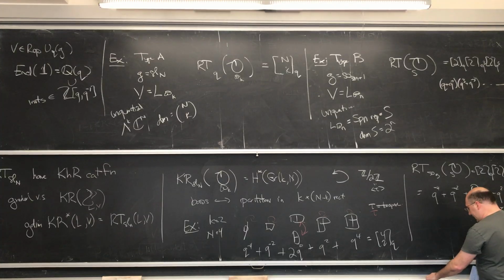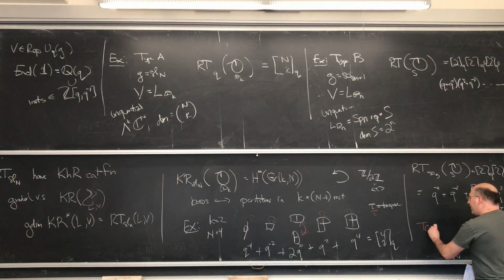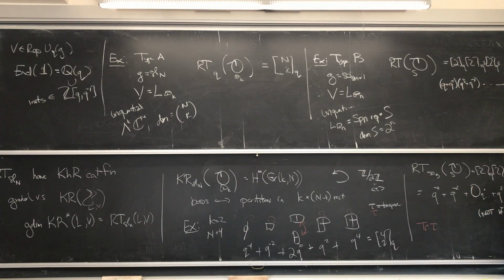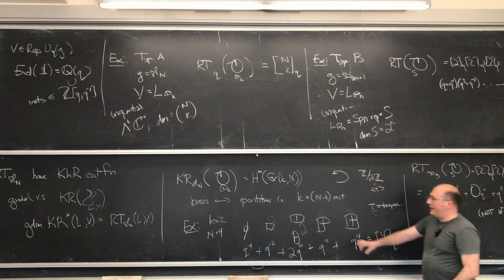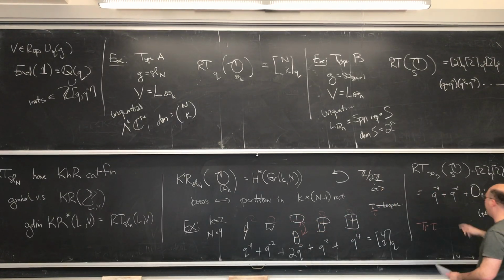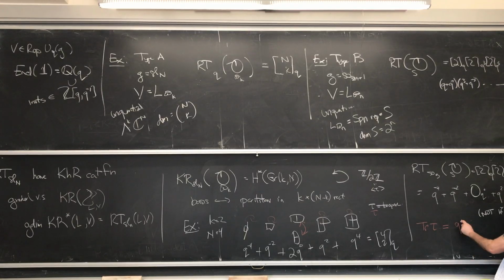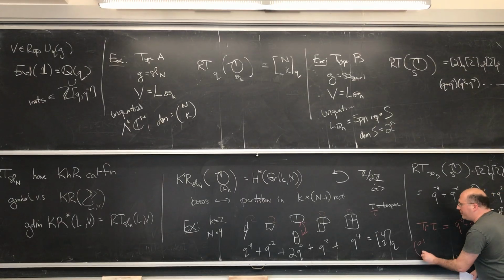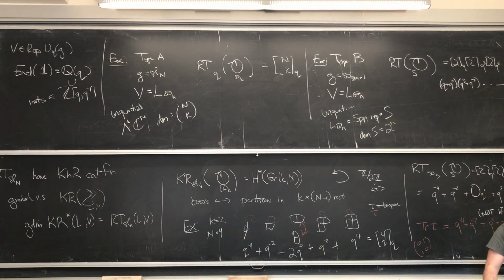But if instead I take the trace of tau, then these two things cancel out, and I'm just left with this. It's a 2x2 matrix. You'll see why they cancel out in a second. If I had chosen a different basis, then it would look like this, and that's why I say they cancel out.